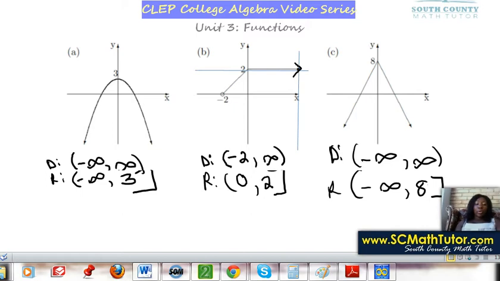Let me write a few notes here. If you have a hole, you want to use parentheses for the point.